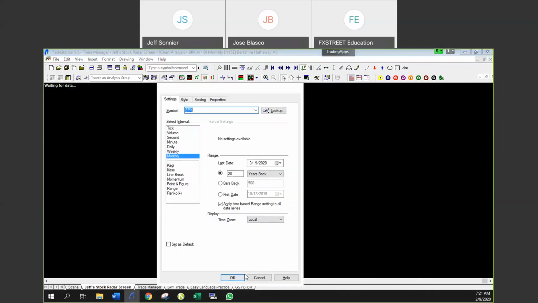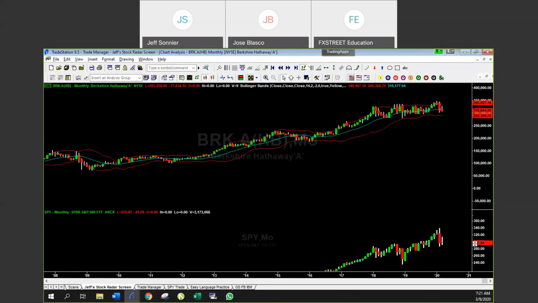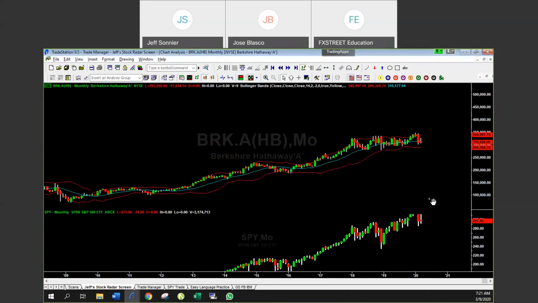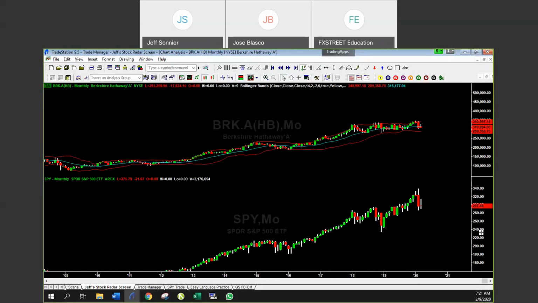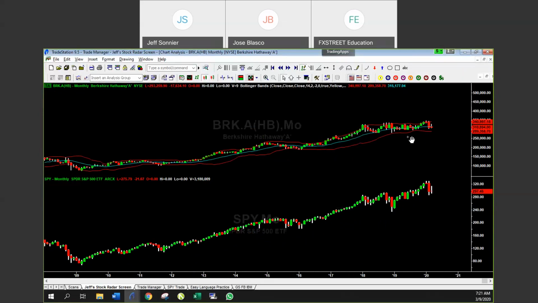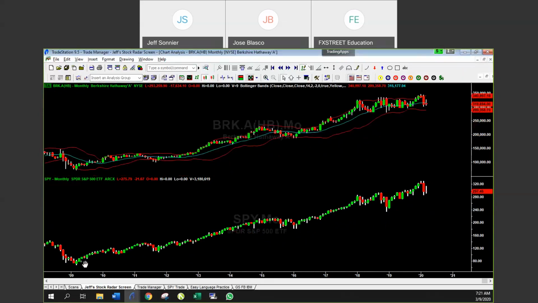If I add that stock along with Berkshire Hathaway, a lot of people say, well, let's see how this compares to the S&P 500. And as you'll notice here, we get the same type of movement on the S&P 500 that we have in Berkshire Hathaway.